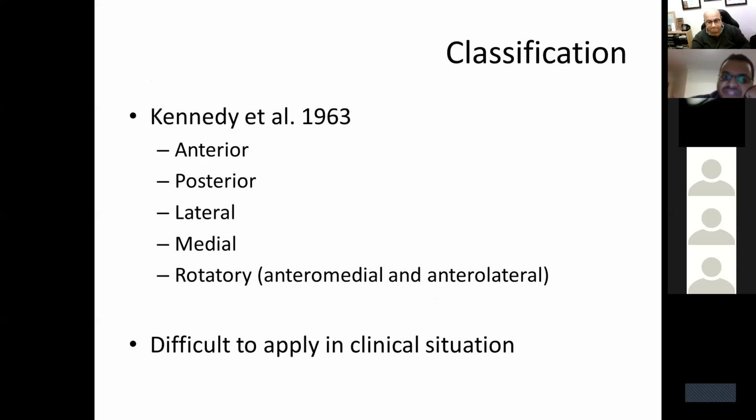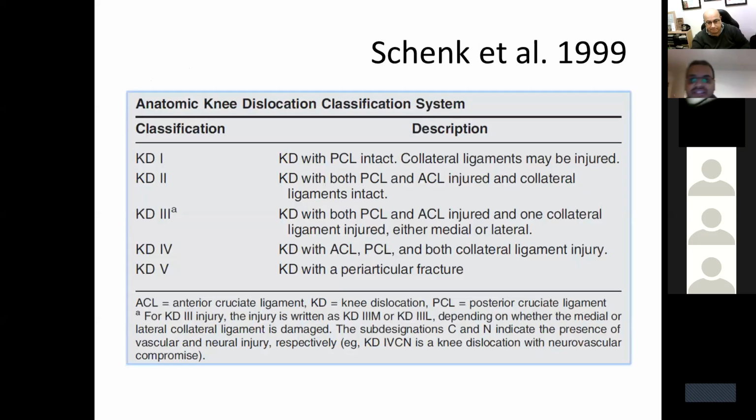In terms of classification, originally the classification was devised in terms of the direction of the instability, which is perhaps difficult to apply in the clinical context. The most prevailing system that we use today is the Schenck classification. This is an anatomical classification based on the nature of the ligaments that are gone.